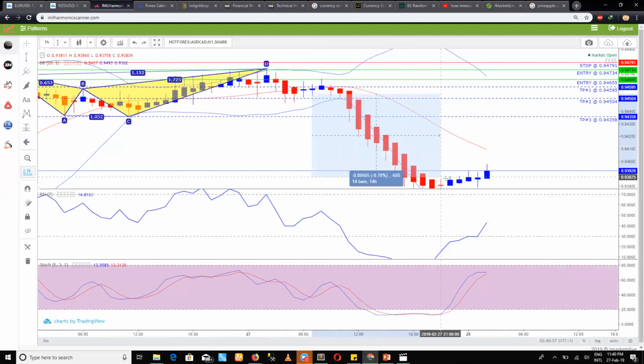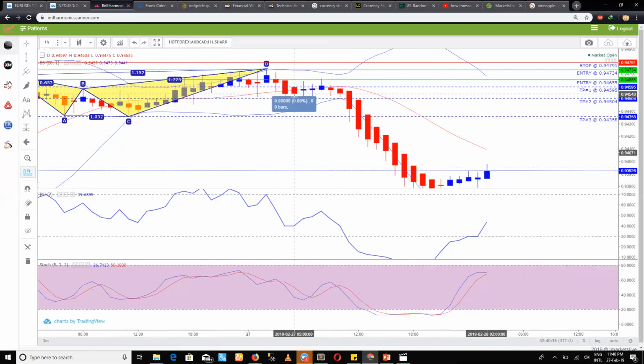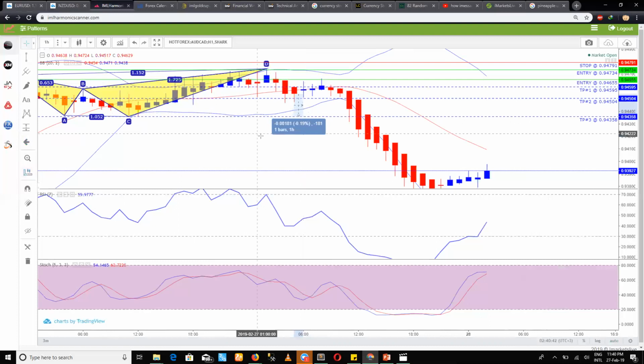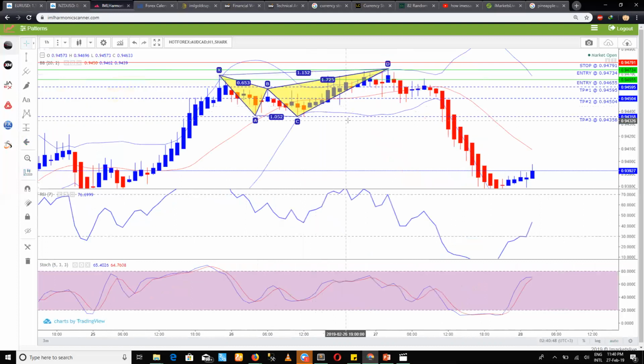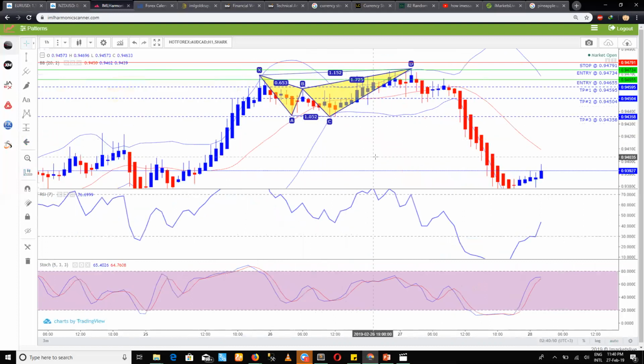Guys, in the worst case, till here, you would have made like 73 pips. Even if you were waiting to hit TP3, from here to TP3, let's see how many pips you've made. That's like 18 pips. So if you were trading that twice or something, you'd have made your daily targets. You're done for the day.